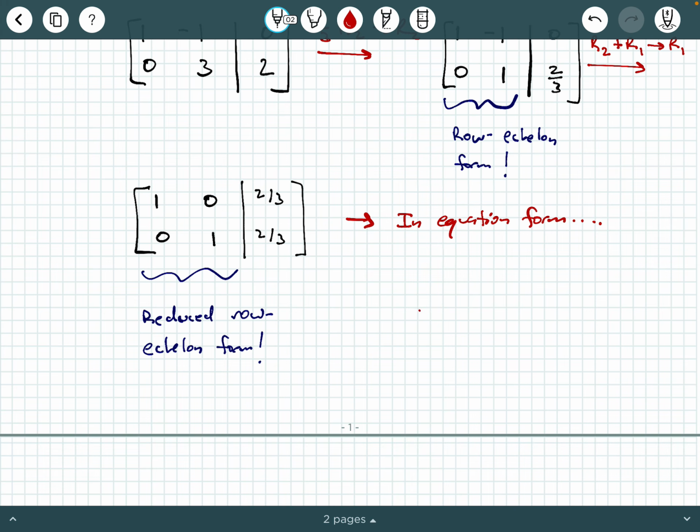We get x equals 2/3, right? This is the coefficient for x, plus 0y equals 2/3. And then what's the second equation? 0x plus y equals 2/3. So that's just y equals 2/3, and that's our final answer.